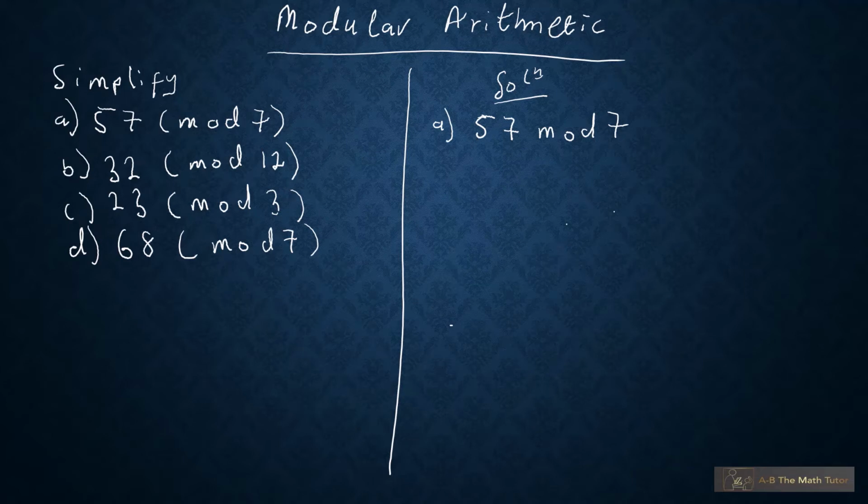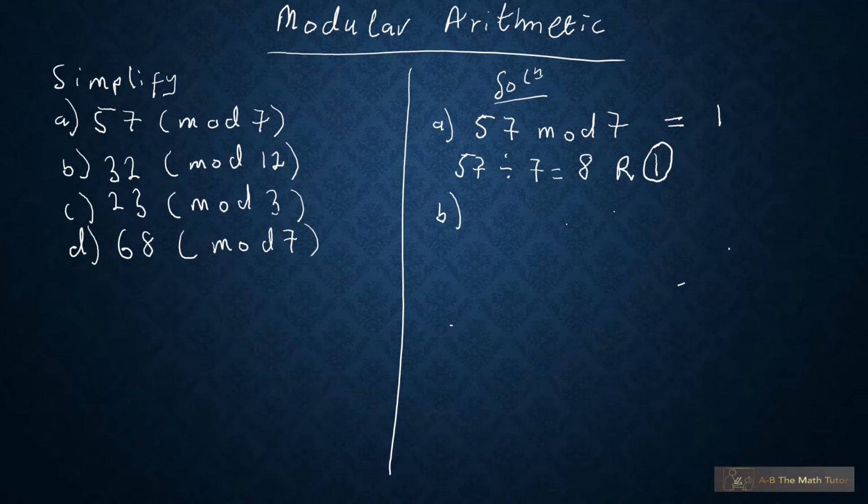And so when you look at this, 57 divided by 7 will be 8 remainder 1. And the focus should always be the remainder, right? So it means that 57 mod 7 is congruent to 1. Simple, right?